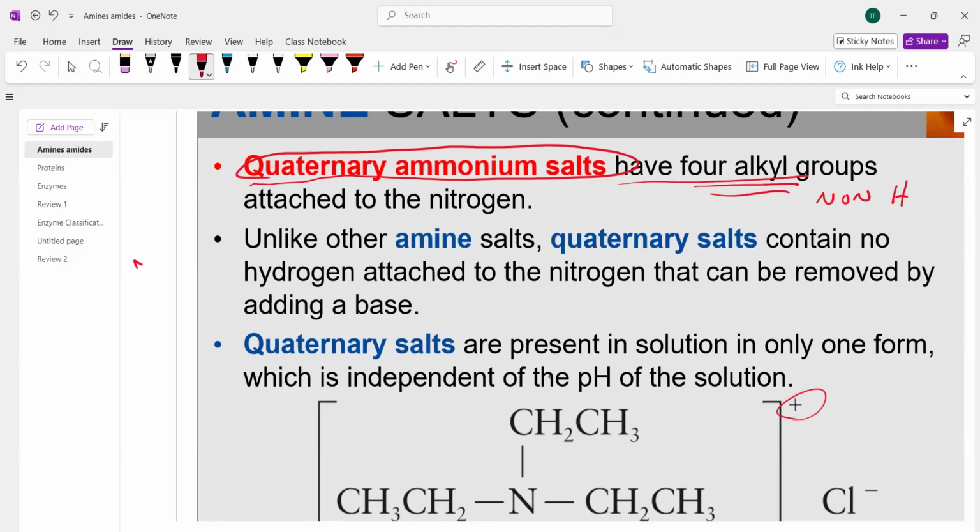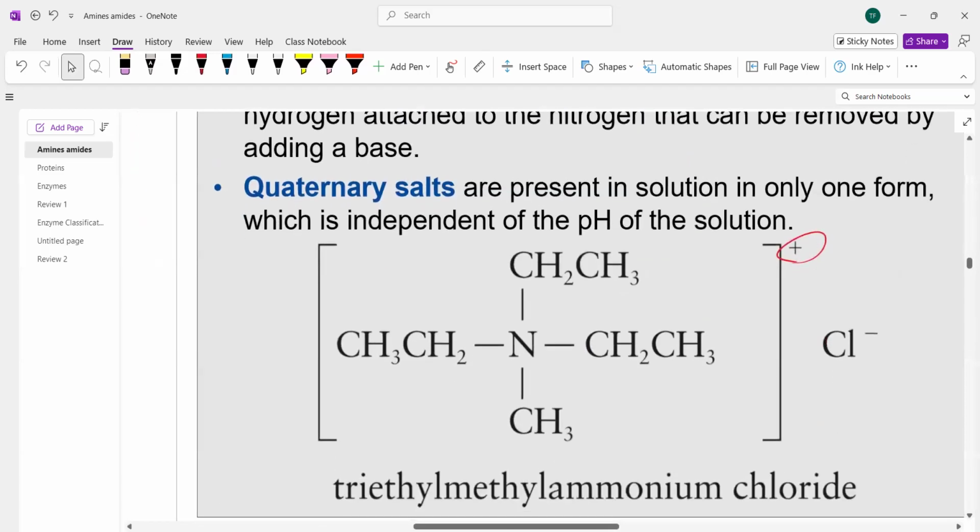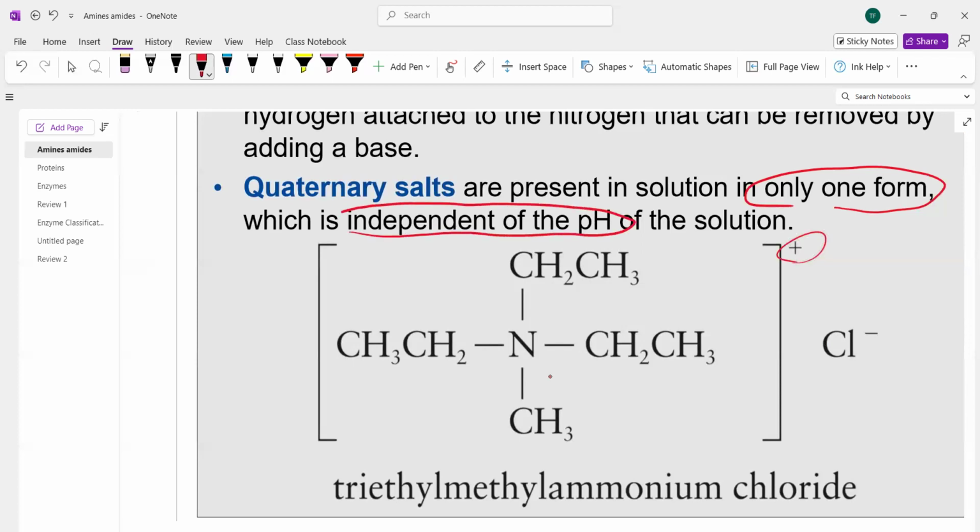Okay. And they can only exist in this form. And since they have no hydrogens on there that can come and go, that are attached to the nitrogen, that means it's pH independent.